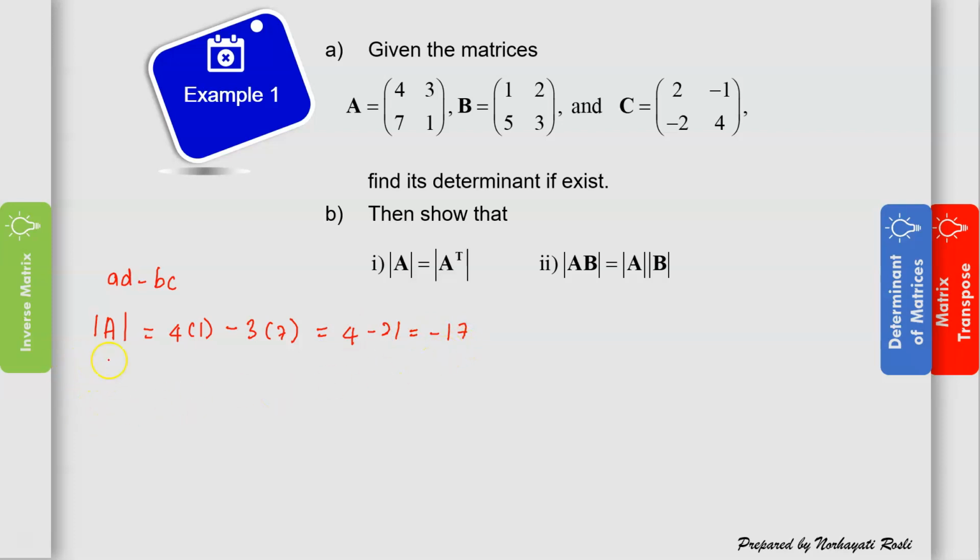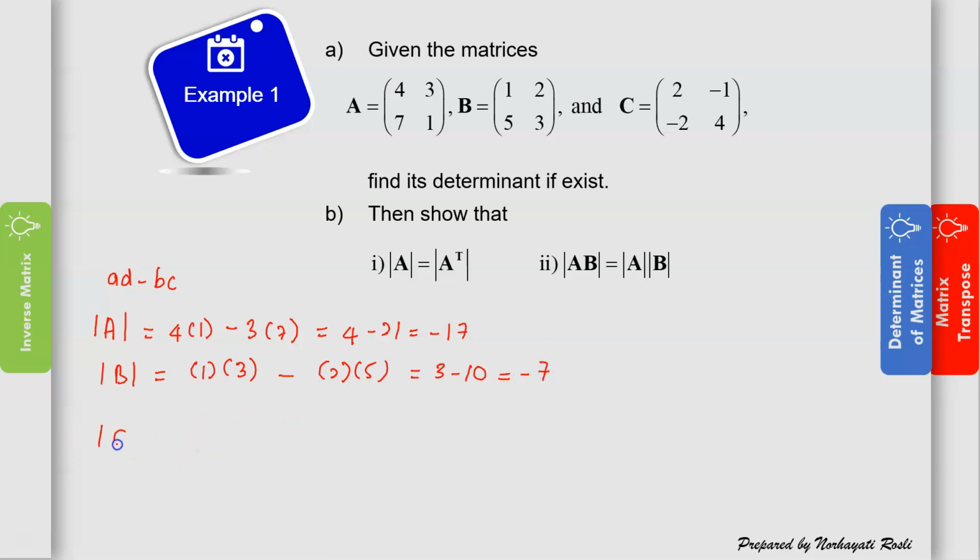And then we compute the determinant of B, which is 1 times 3 minus 2 times 5, where 2 is b and 5 is c. So now we get the answer 3 minus 10, which is equal to negative 7.